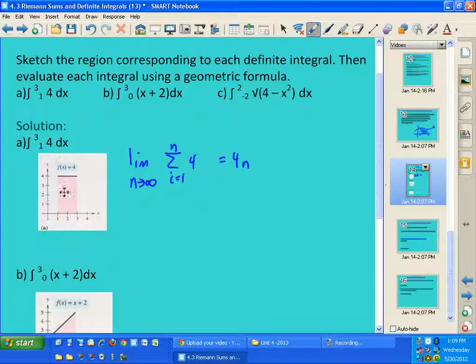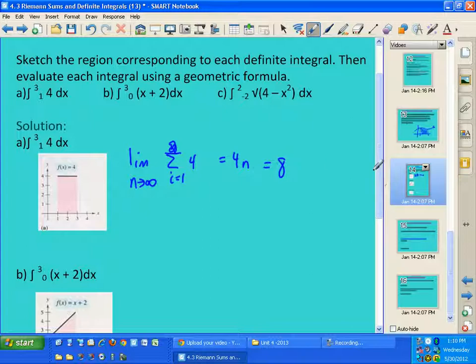That doesn't quite work here, because I'd have an infinite number, so I would end up having to use the width of my rectangle, which in this case is 2, and so I end up with an area of 8.